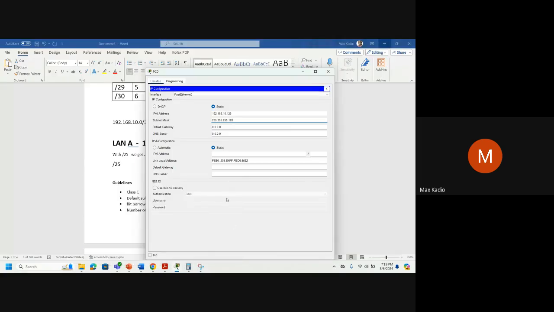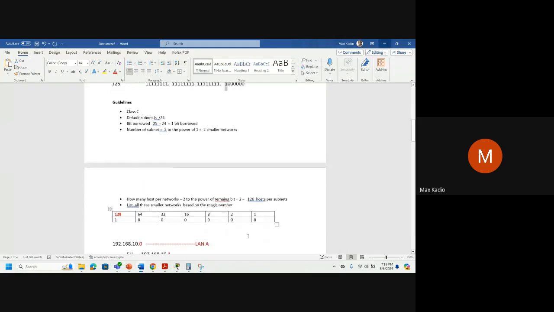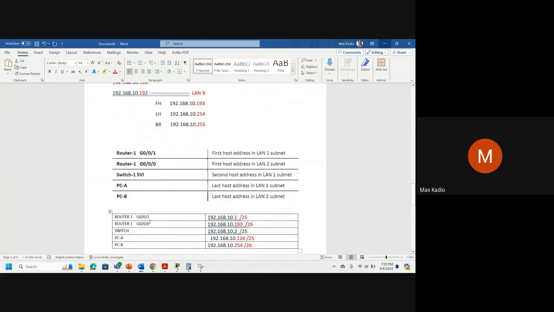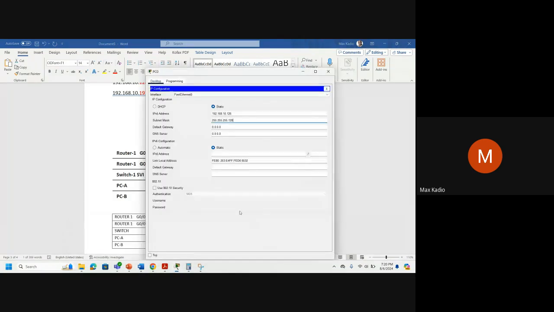So we check, 0/1 is where you see this is 0/1, and this is the IP here. So you take it, you go to a PC, and you put. You must be very careful. This is it. And you close it.